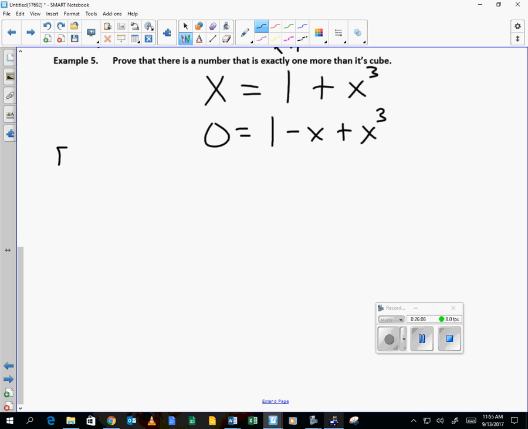Well, I know how to show that that is a 0. I'll just pick an interval. Is there a number you could think of that we could plug in for x that would give us a negative value? And a number that we could plug in for x that would give us a positive value? If I plug in negative 1, that gives me 1. So I guess negative 1 could be there.